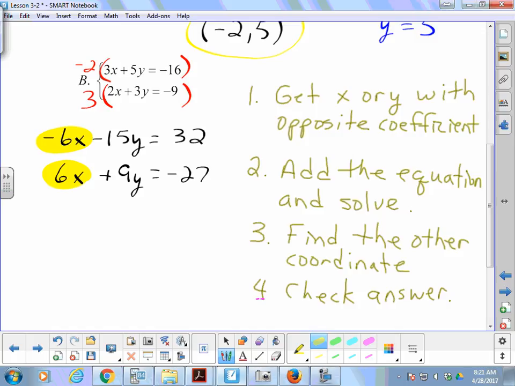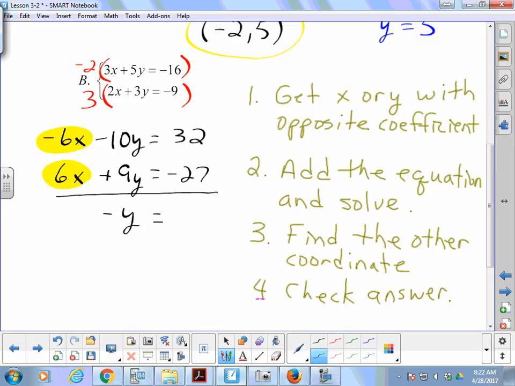So when I combine them, add them together, those go to 0. I get -6y equals... I think I multiplied wrong, didn't I? I think 2 times 5 is 10, so that should be -10y, sorry.